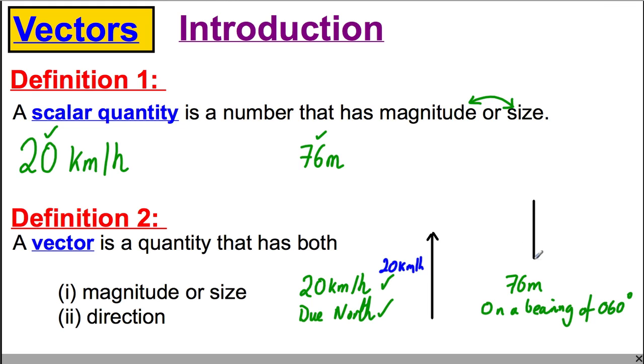Well, if that's north here, 060 is something like that. So we are going on this bearing and we're going 76 meters. So we're going 76 meters with a direction associated. Okay, so that is what a vector and a scalar are, and you need to know the difference between the two.